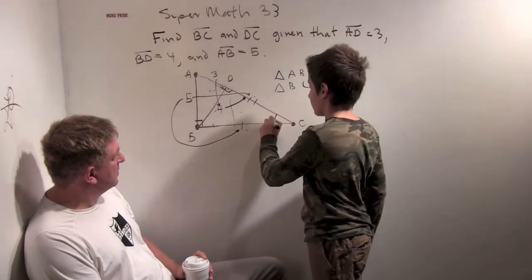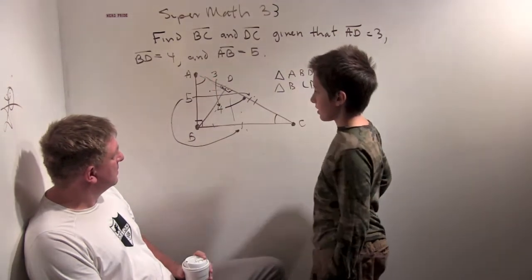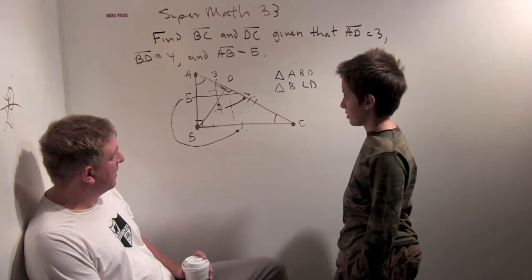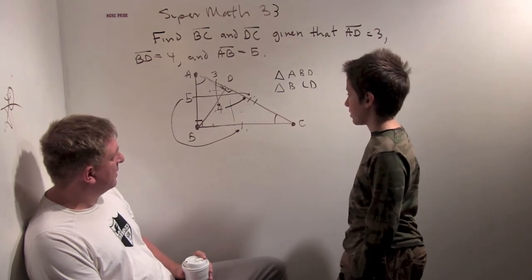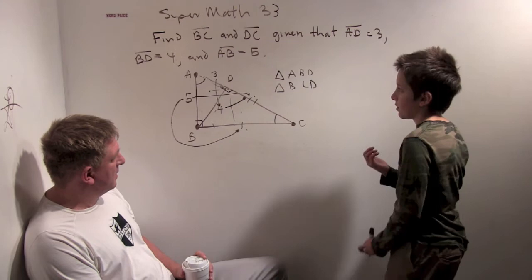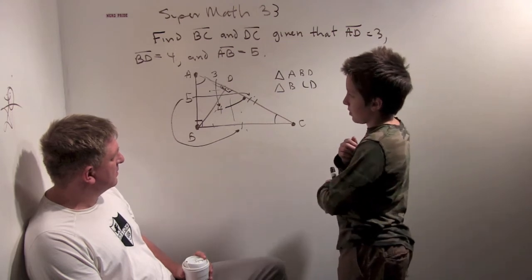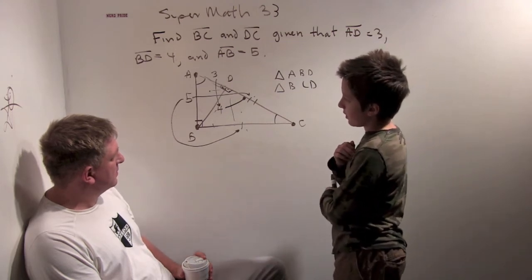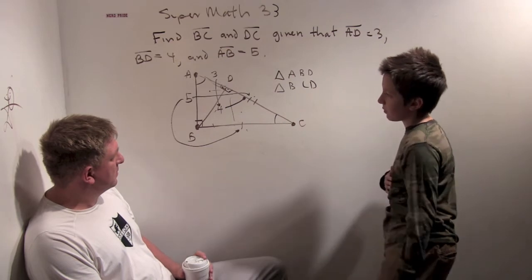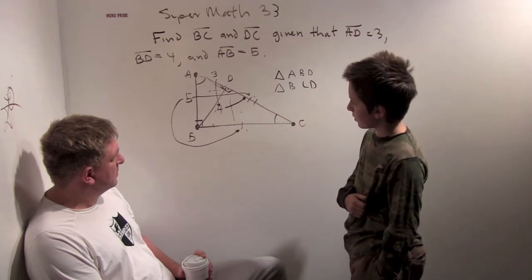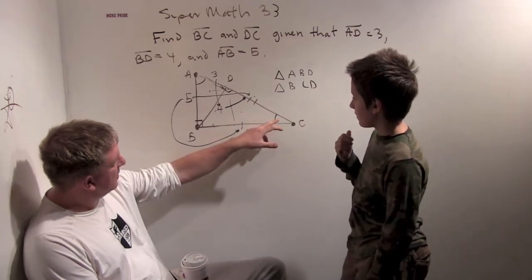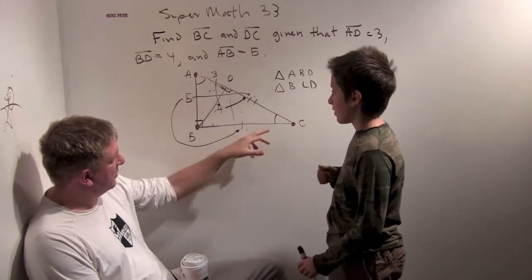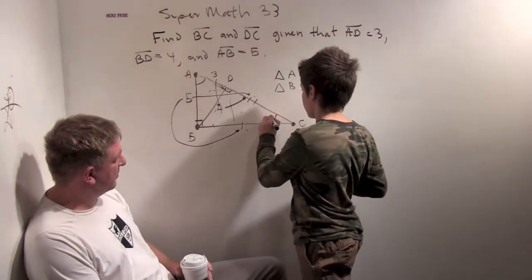So this angle plus this angle is 90. Okay. Can we say anything about that? Well, that's a good thing. This angle plus this angle is 90. So why don't you label that with 1 tick mark and that with 2 tick marks?